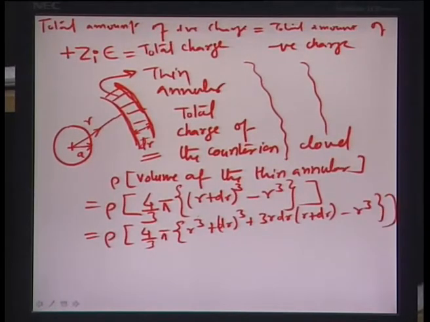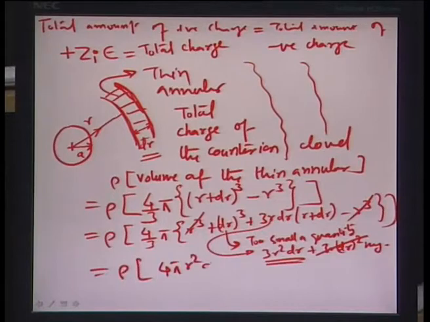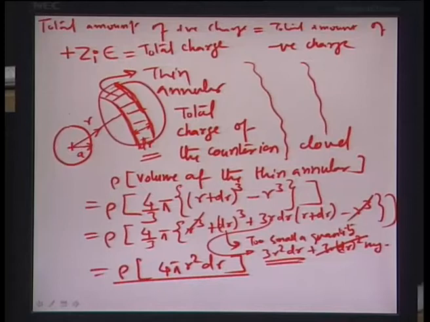All right, these get cancelled away, this is too small a quantity. And so, essentially this quantity is 3 r square dr plus 3 r dr square. We assume dr to be so small that even this is neglected. So, we are left with only 4 pi r square dr as the elemental volume in this particular annular.